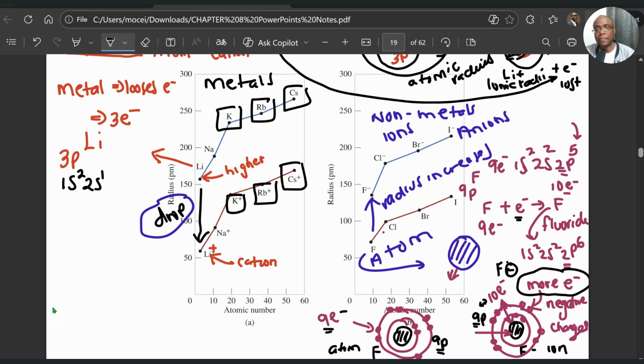Atomic radius will increase. And it's the same story from bromine to bromide or chlorine to chloride. That's the comparison. So generally, ions of metals are smaller. They have less atomic radius compared to the atoms themselves, and the atoms of nonmetals have less atomic radius compared to their ions, their anions.